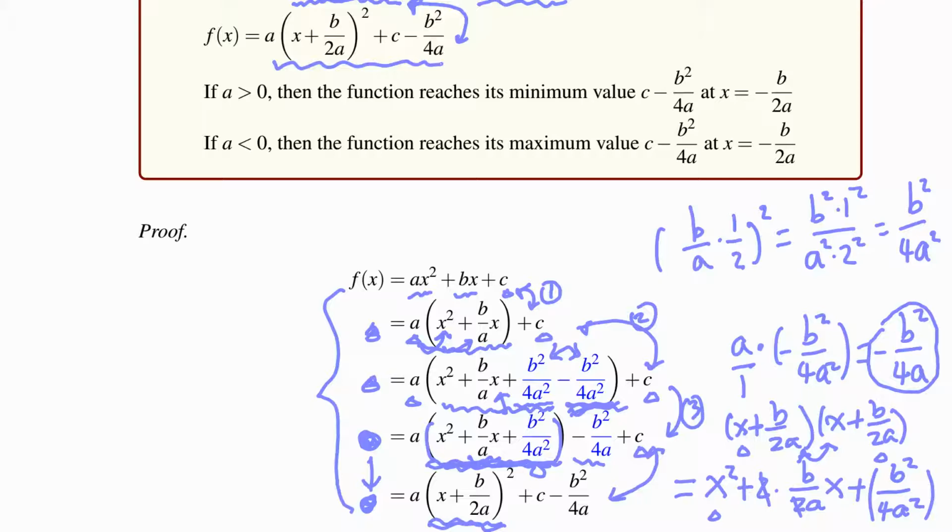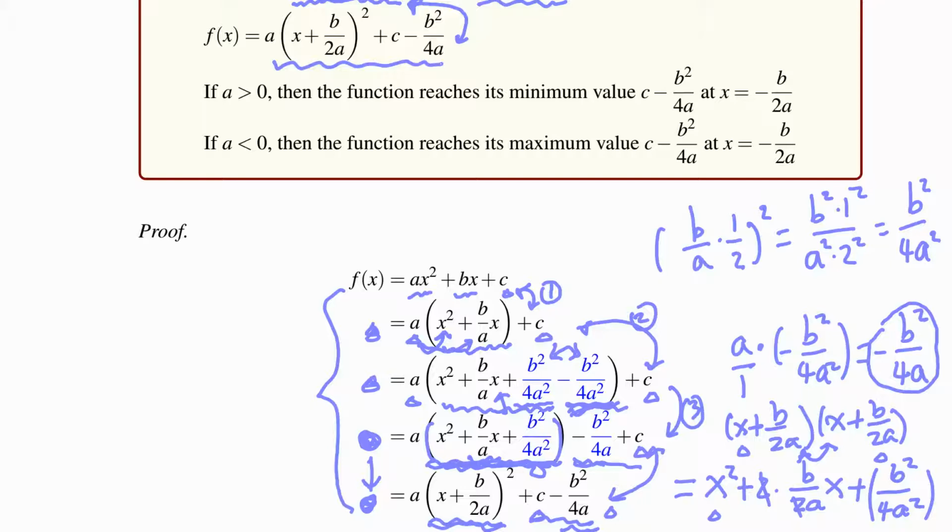And again, from here to here, we did not do anything. We just put c at the front because it's positive. And then b squared over 4a is negative, so we put it behind. This will give us the vertex form.